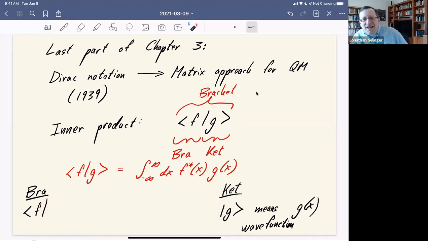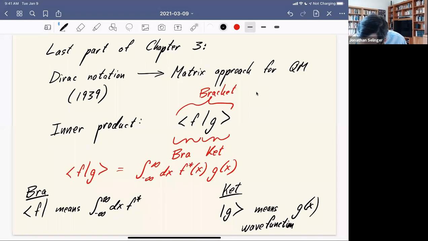Don't go there. That's just the way we write things. And it means everything else. So it means the integral dx of f star of x, fill in the blank.